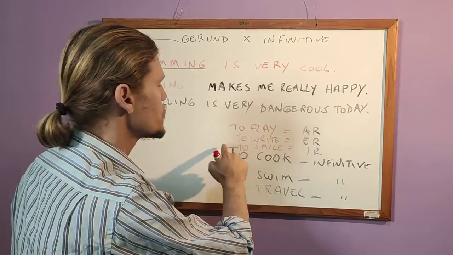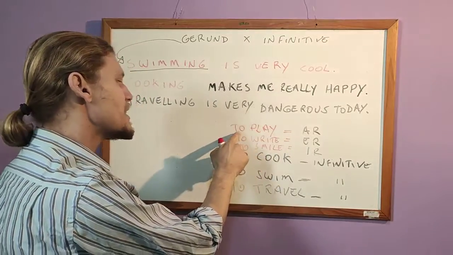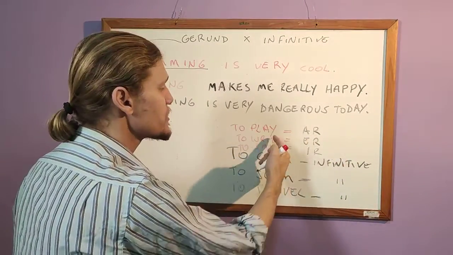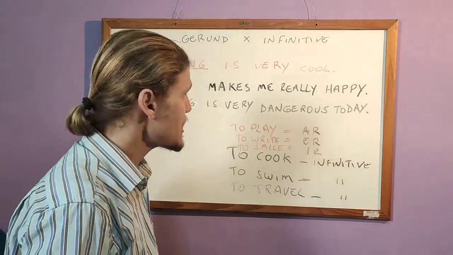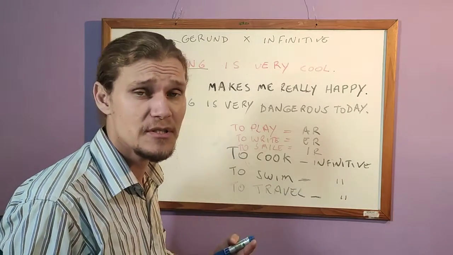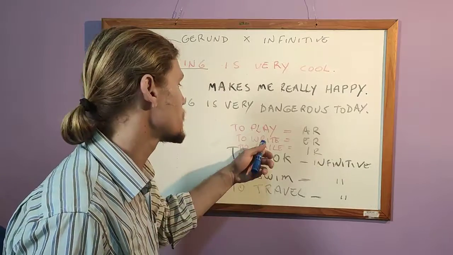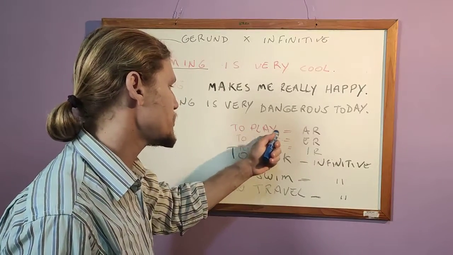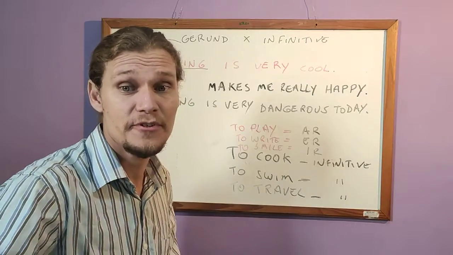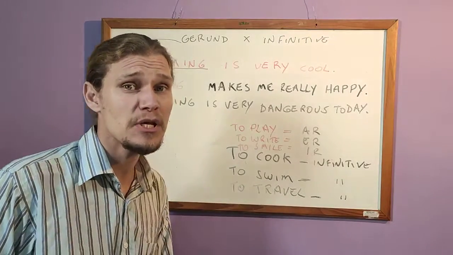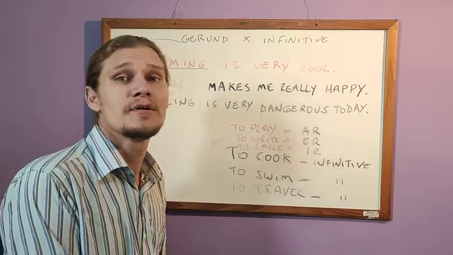Sorrir. So, you just have to add to in front of the verb to turn the verb into the infinitive form. That's it. And how do you turn the verb into the gerund form? You remove the to and you add ing. Very, very simple. And does it change in meaning? Most of the times, no.